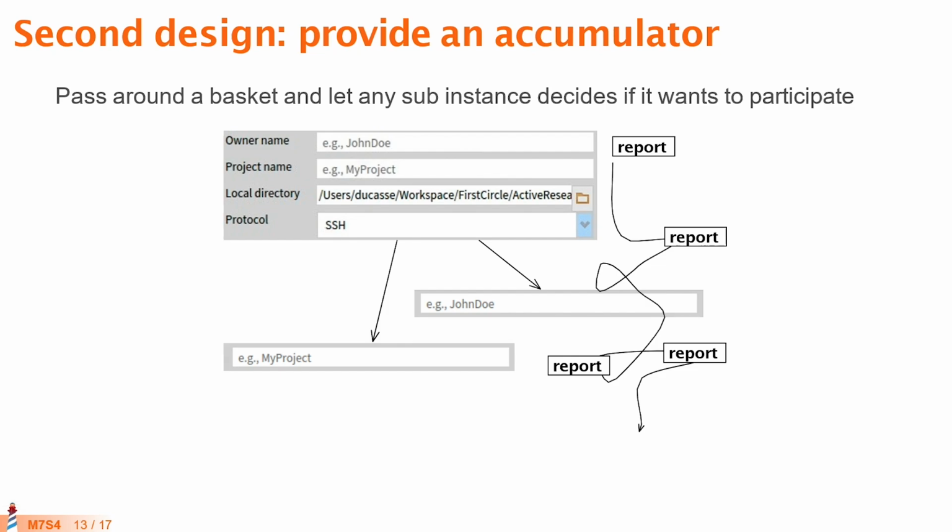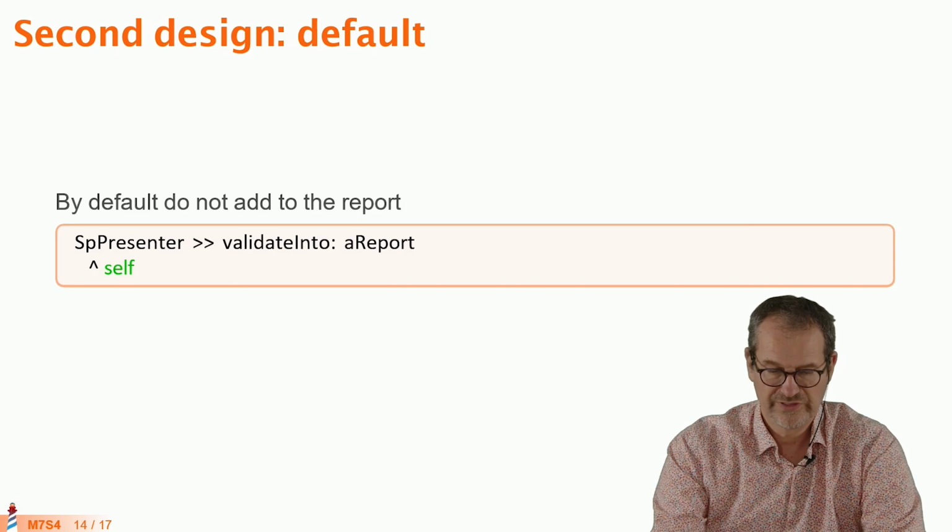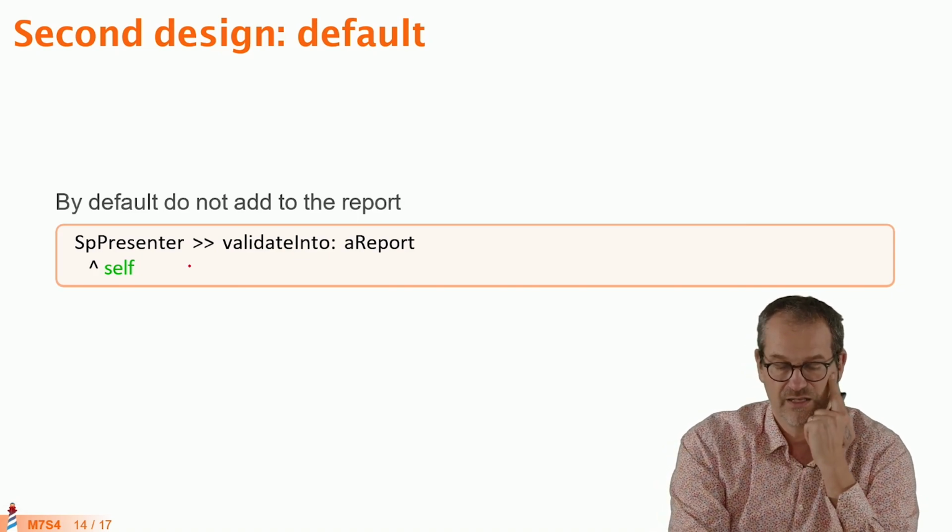And like that, we don't have to ask. We just say, can you validate yourself into that? And an element that does not have a problem does not have to say if it is valid or not. If it does not add a report, then it is valid. And if it has a report, then there is a problem.